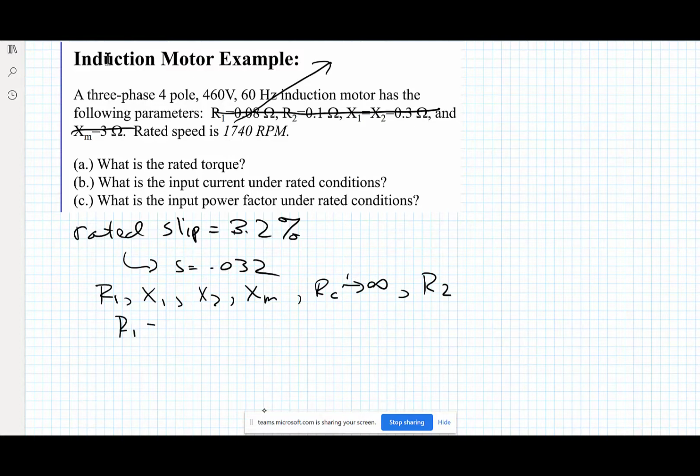R1 is 0.17 ohms, X1 is 1.05, X2 is 0.87, R2. Just bear with me.